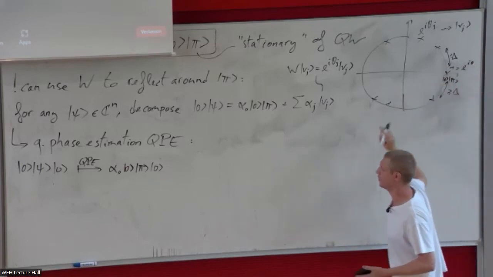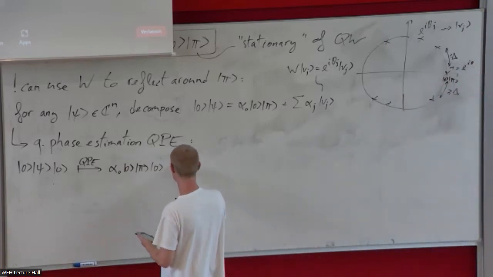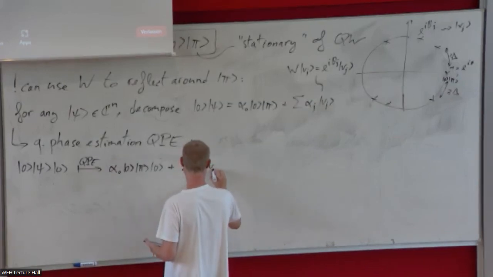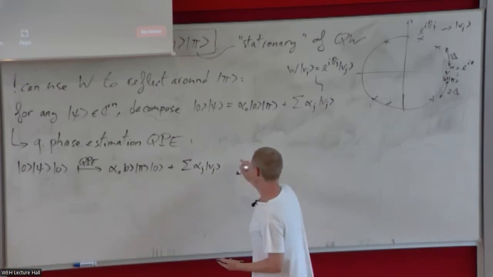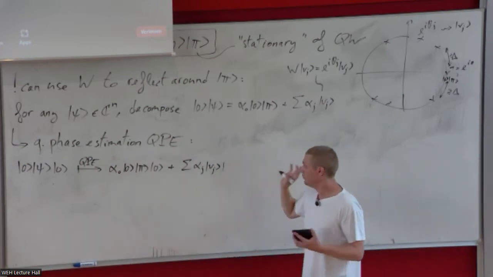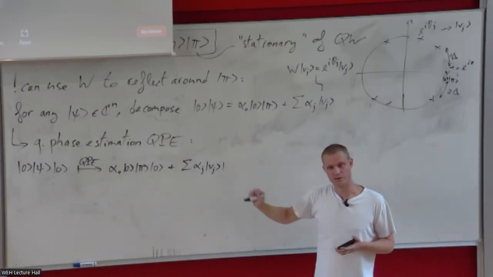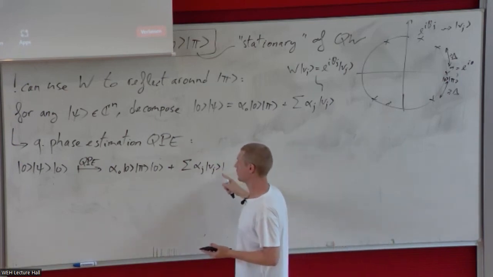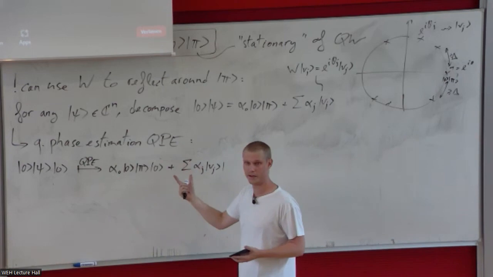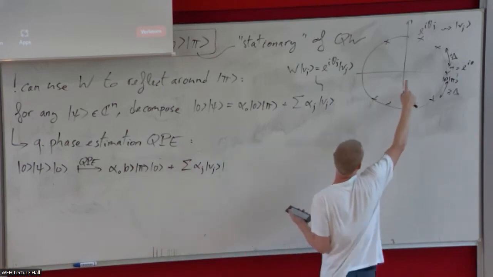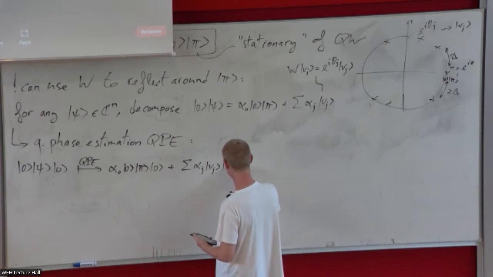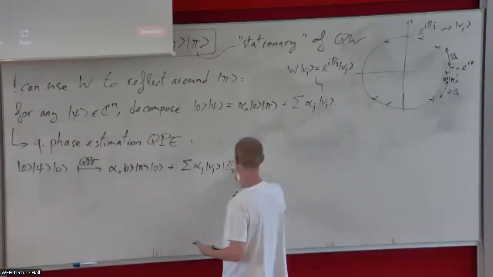The phase is 0 here. But the other ones, we get the sum alpha j vj. And here, if we do it properly, this quantum phase estimation, we get a non-zero estimate, right? Because these eigenvectors have a non-zero eigenphase. I mean, they have an eigenvalue of the form e to the i theta j. And so in fact, what we'll get here is some estimate theta j tilde.